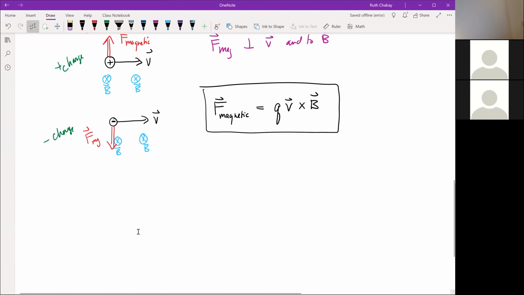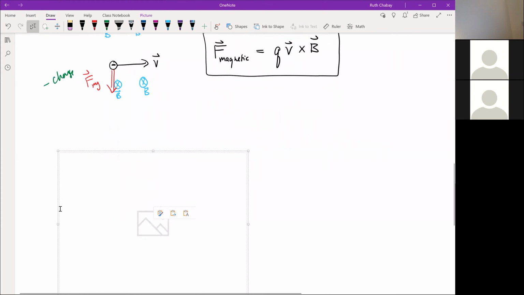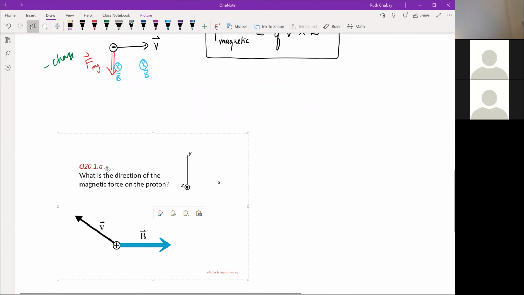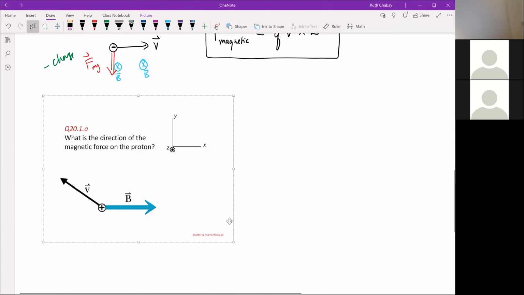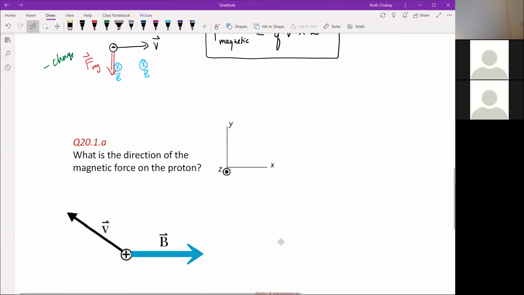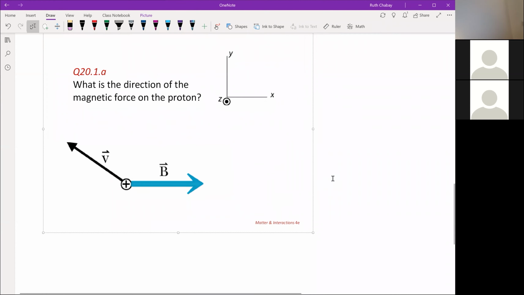So let's actually try thinking through a problem here. Here we have a moving proton.